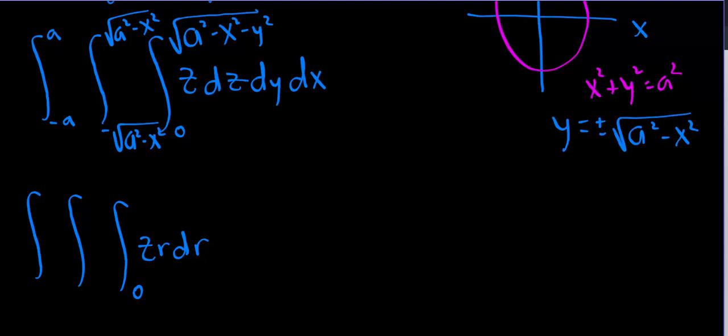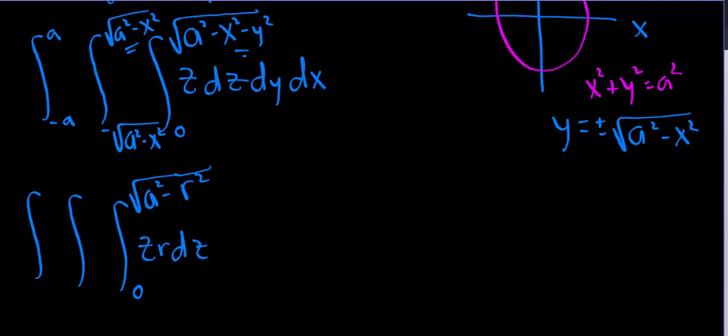Let's see what I'm going to integrate with respect to first. I can still do the z, dz, going from 0 to a squared minus r squared, of course. I was looking at this thing right here, and it should have been a squared minus r squared.